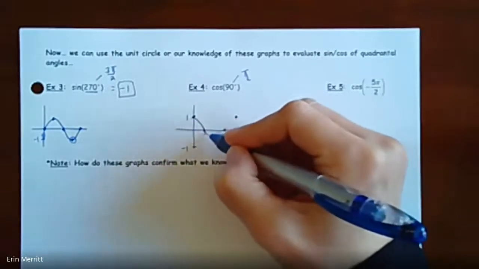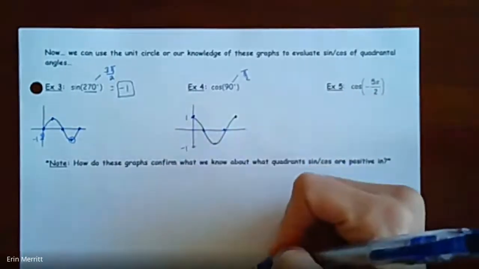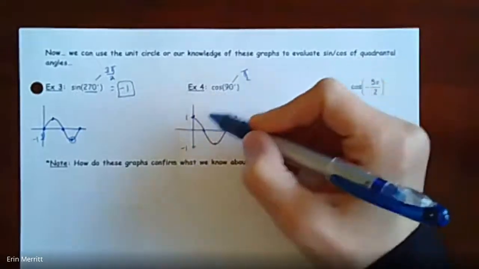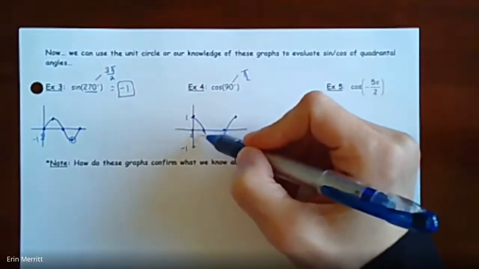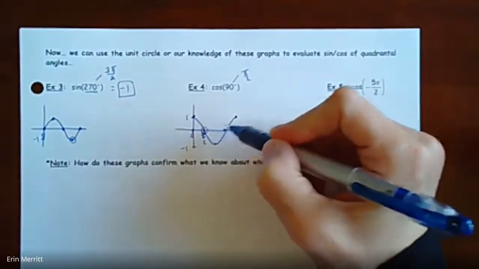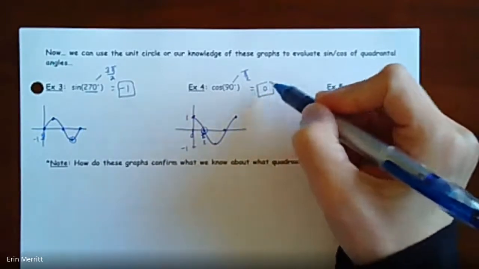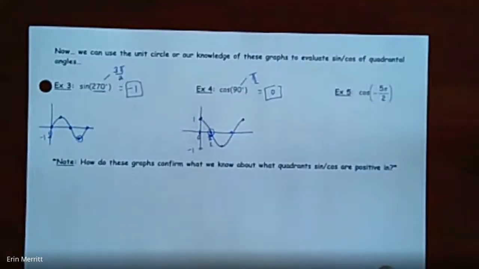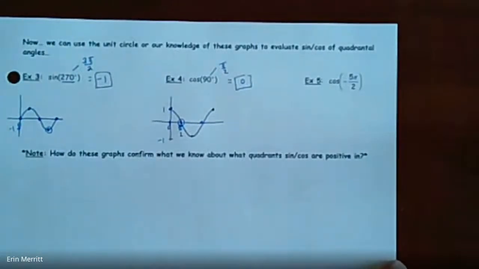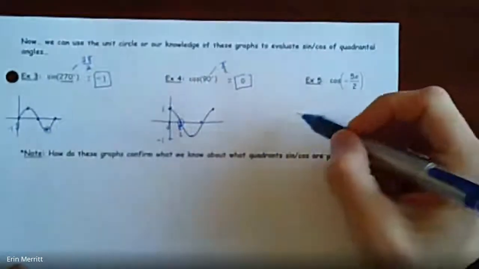All right, there's my cosine curve. So where's 90? Well, it's the first point off of 0 here. So there's my pi over 2. So the height there is 0. All right, that's it.